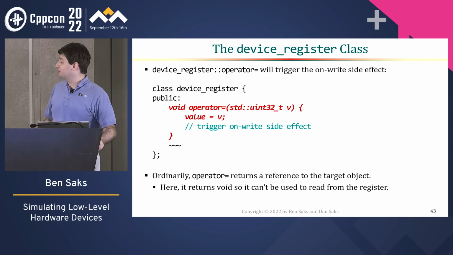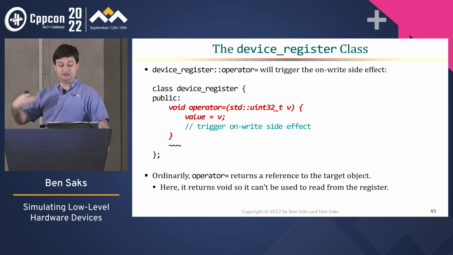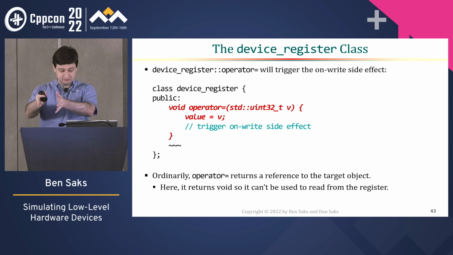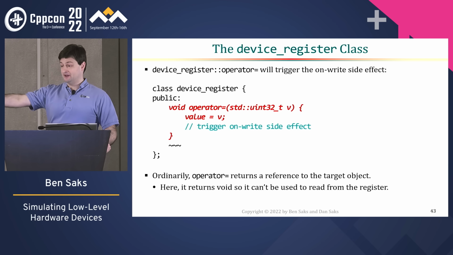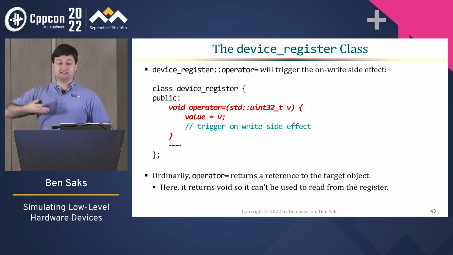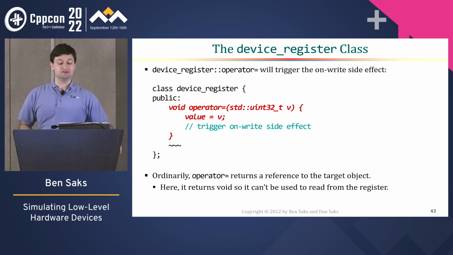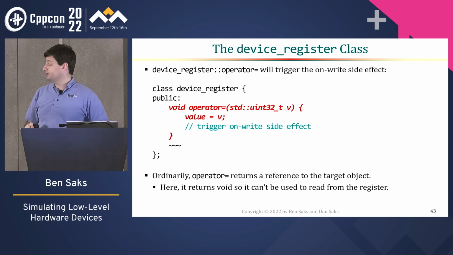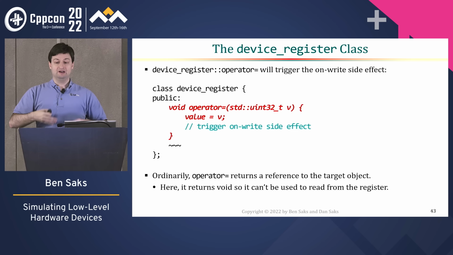So here we have an operator= that accepts a value of type uint32_t, assigns that value to the internal storage within our simulated device register, and then triggers the onWrite side effect associated with writing to that location. Now, normally, an assignment operator like this would return the thing that was assigned to.